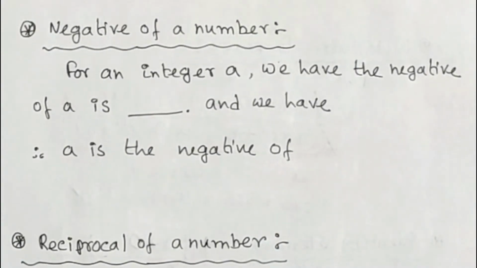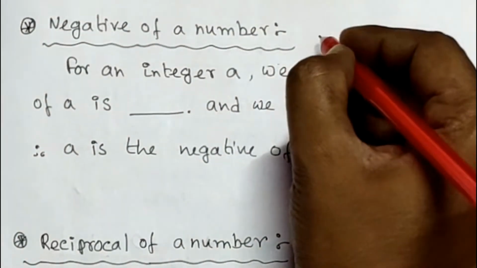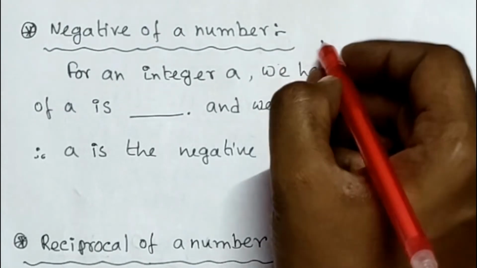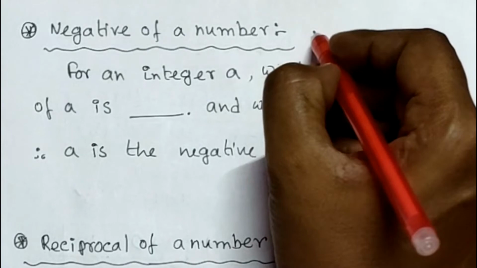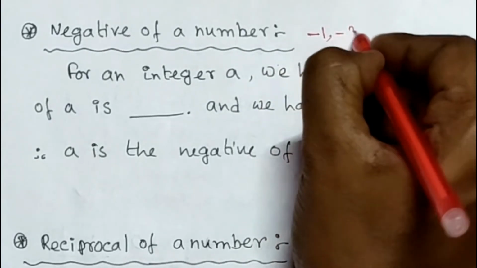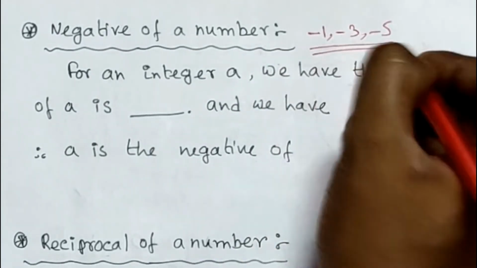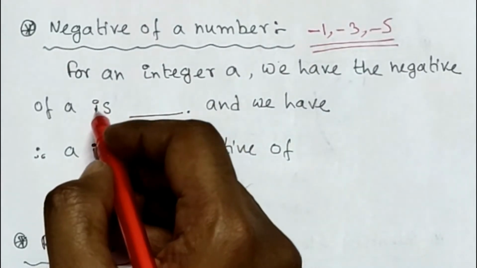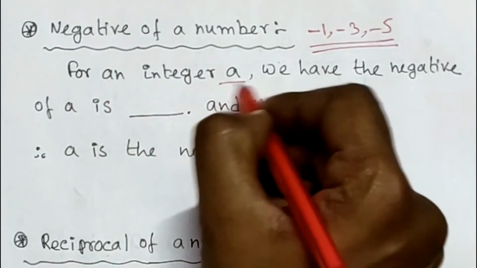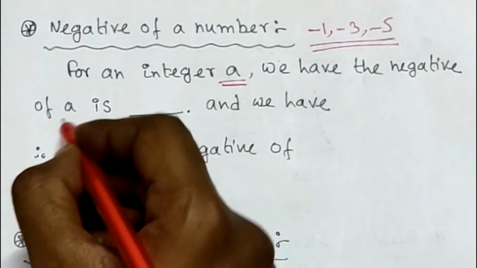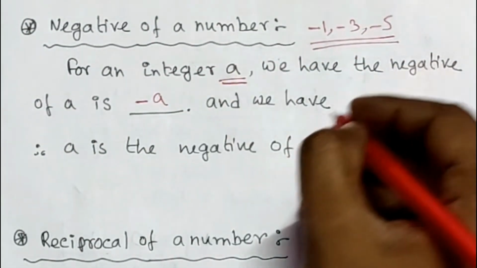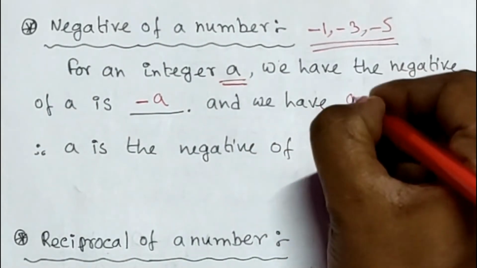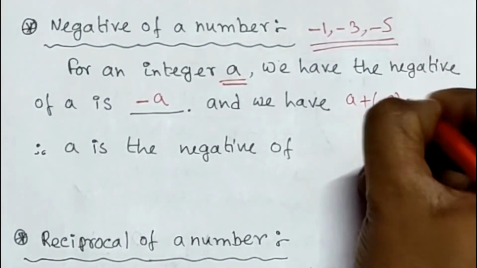Next, negative of a number. If I ask you to give some examples of negative numbers, you can easily say that -1, -3, -5 are negative numbers, right? So it is very obvious that for an integer a we have the negative of a as minus a, right? And we have a plus (minus a) is equal to 0.